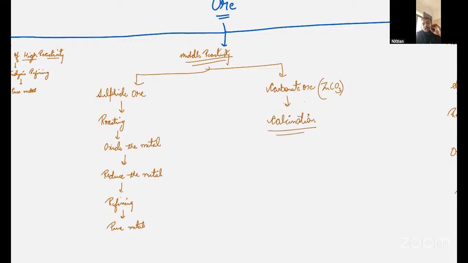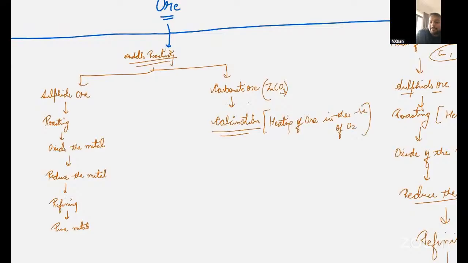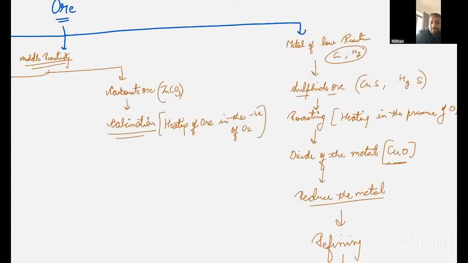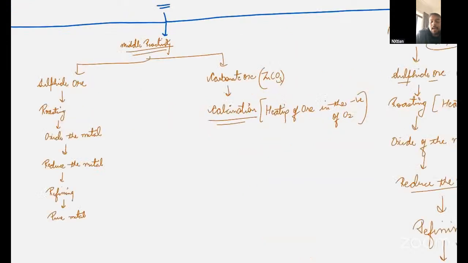Calcination means heating of ore in the absence of oxygen. Roasting is heating in the presence of oxygen, and calcination is in the absence of oxygen.